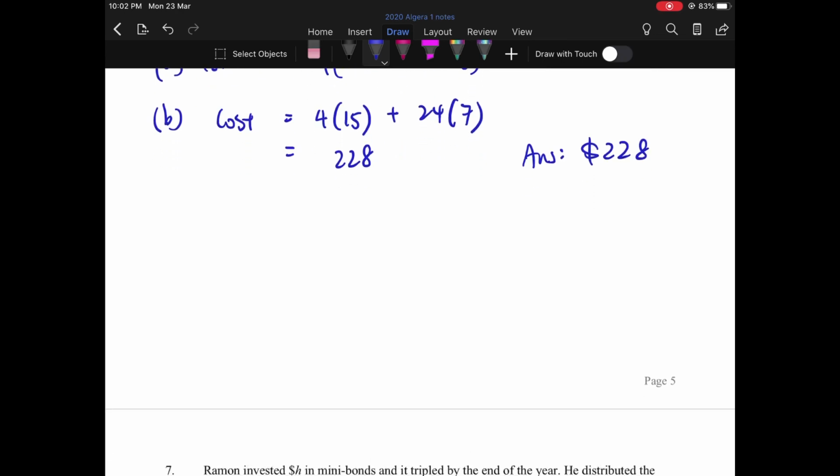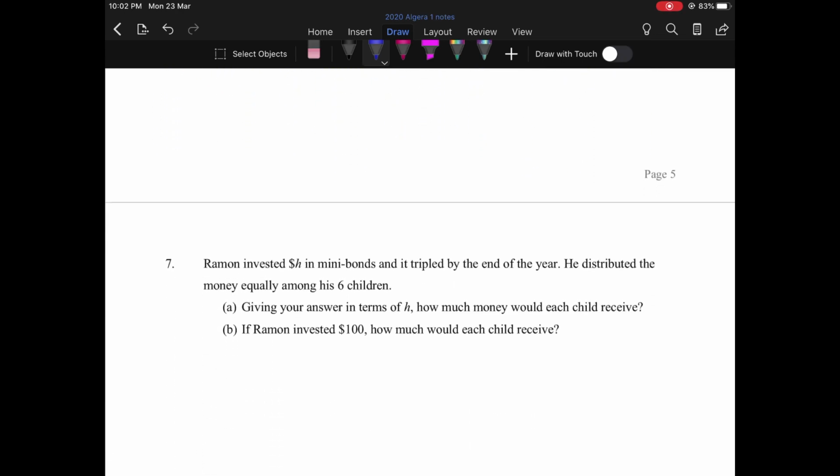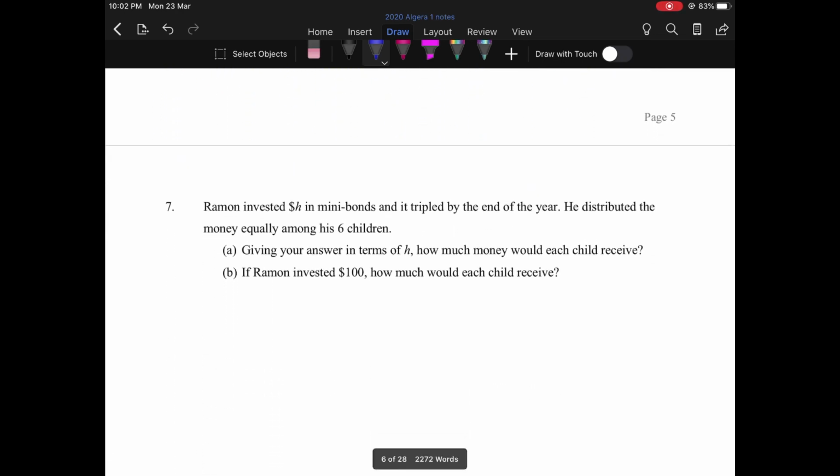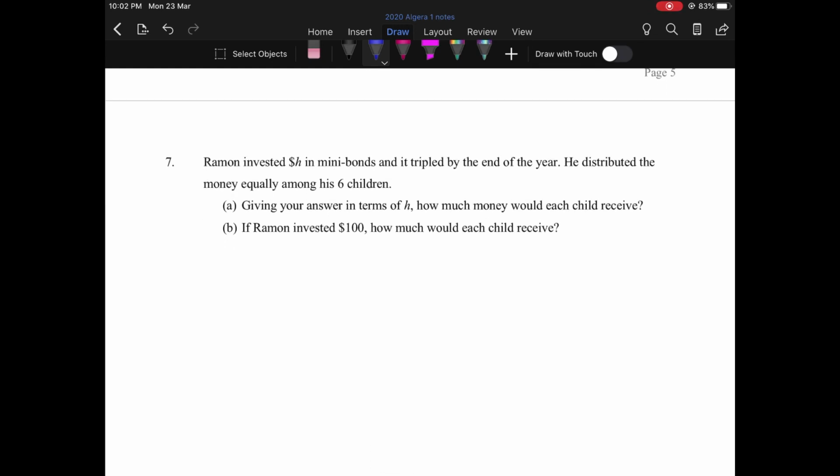Moving on, question 7. So Raymond made an investment that cost H dollars, so it tripled. Tripled means 3 times. Okay, by the end of the year, so he needs to distribute it among 6 children.